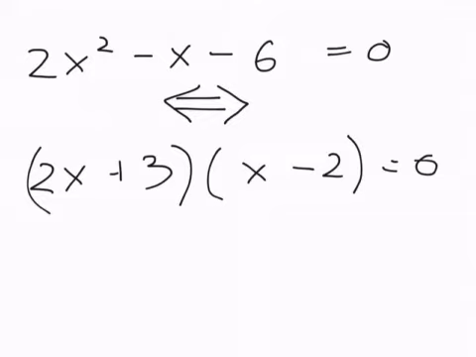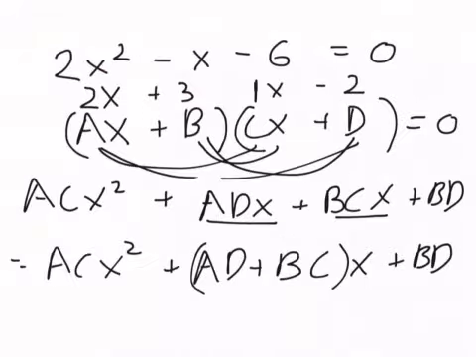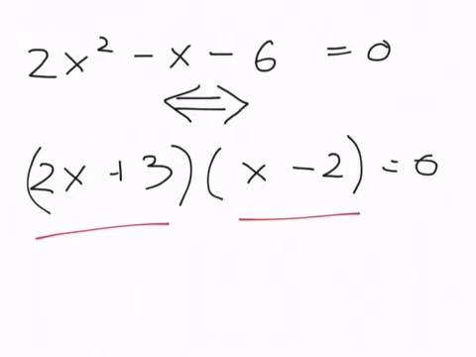Well, let's try and solve it. Two things multiplied together equals 0. That means one of those things must equal 0.